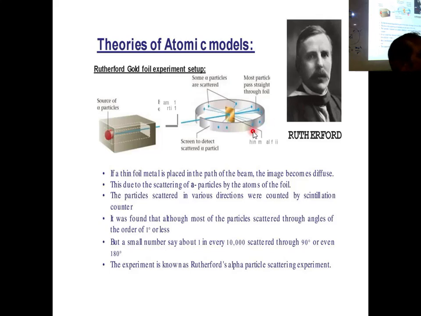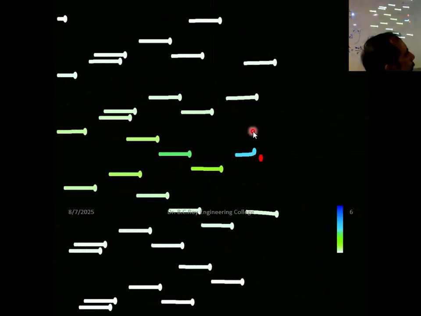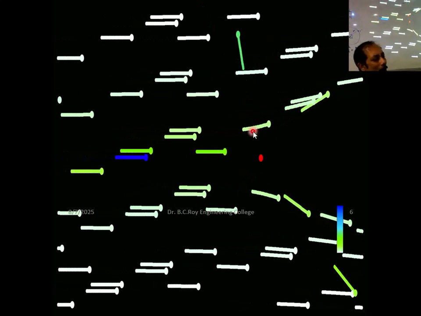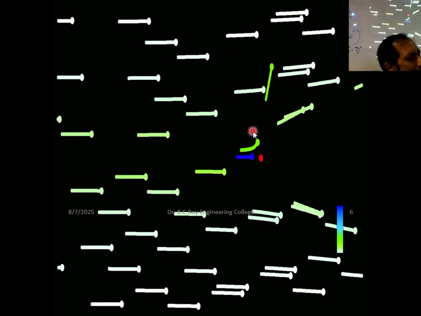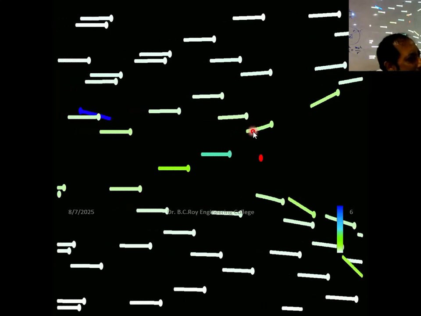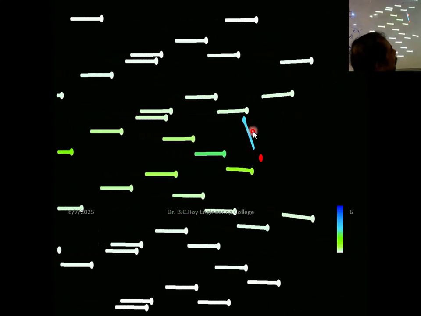So it is found that the maximum number of particles pass through without any angle deviation. You can see these particles moving, these are all alpha particles. They knock at the gold foil, and maximum pass through without any angle deviation.